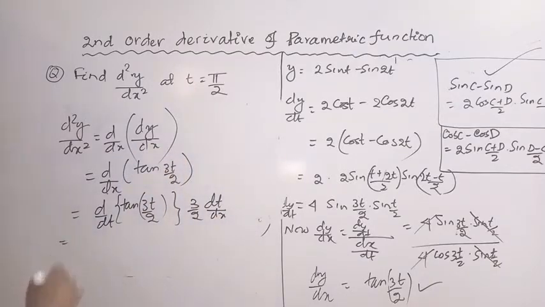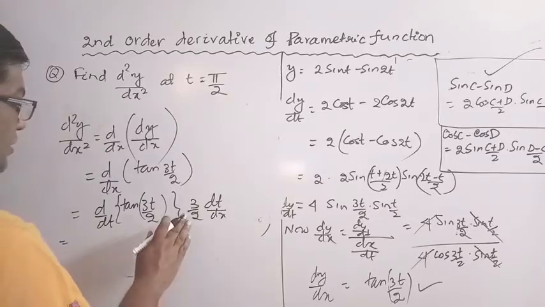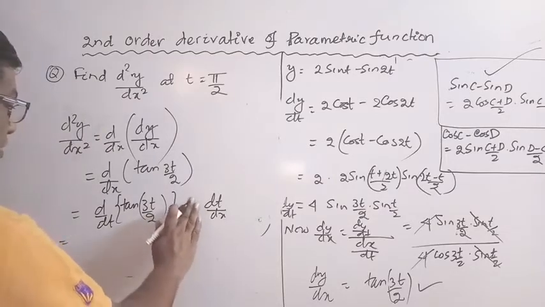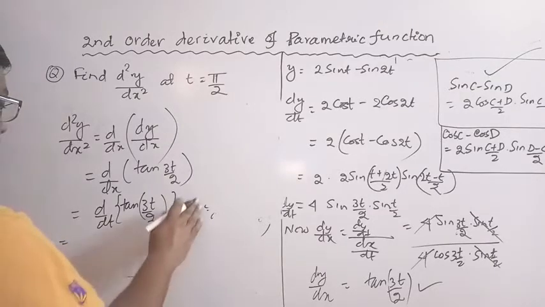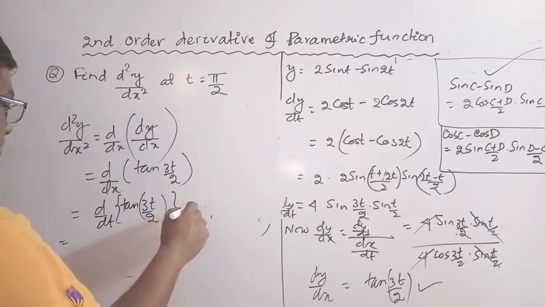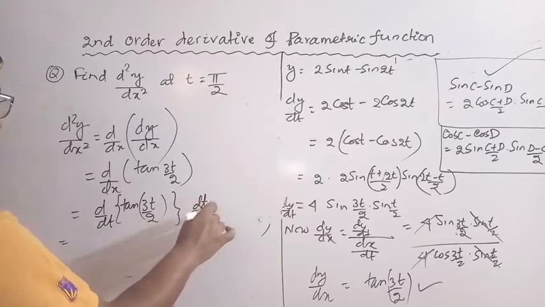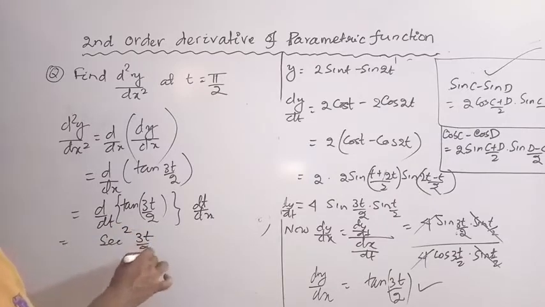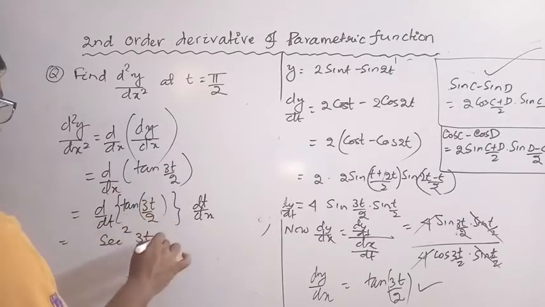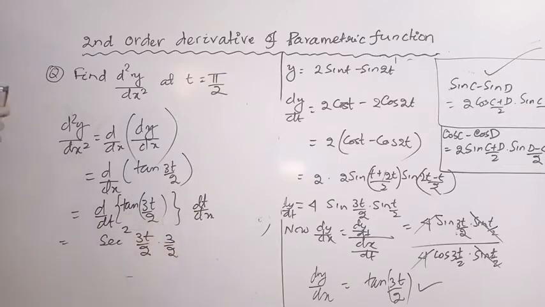So this is equal to what? This is equal to dt/dx here. So this is sec²(3t/2) into the derivative of 3t/2, that means 3/2, and dt/dx. What is dx/dt here?